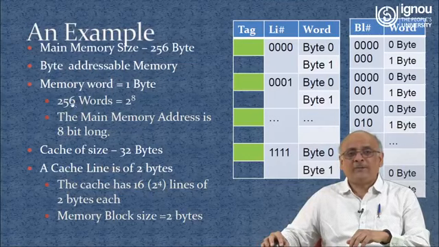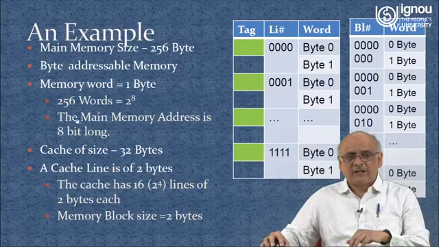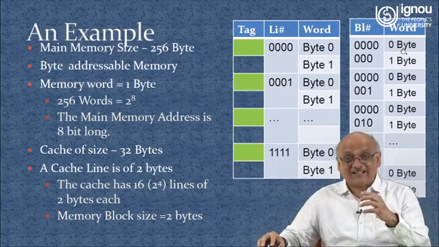These will go on. And how many bits will be required for this particular address? 8 bits. So there we have 7 bits for the block. Now please note, the memory address is 8 bits long, the cache is of size 32 bytes, and a cache line is of 2 bytes. As soon as a cache line is of 2 bytes, a memory block will be of 2 words, and since a word is a byte, please understand what I am saying.